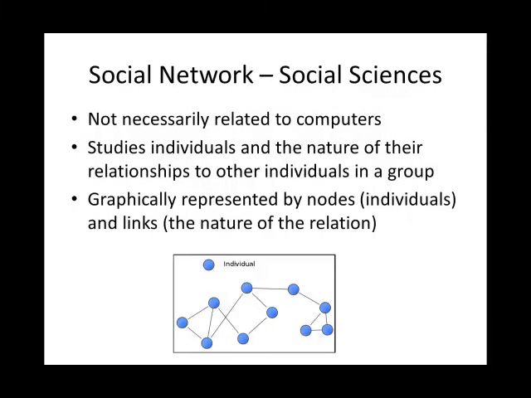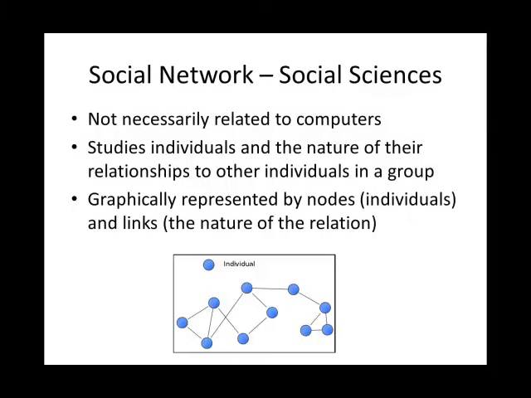Social network studies basically look at individuals and the nature of their relationships to others in a group, in group and out group, and there are a lot of ways to slice that. Social networks are often graphically represented by nodes, which are the individuals, and links, which are the nature of the relation.